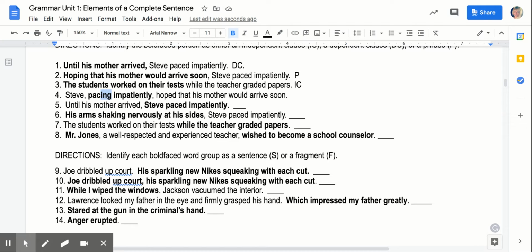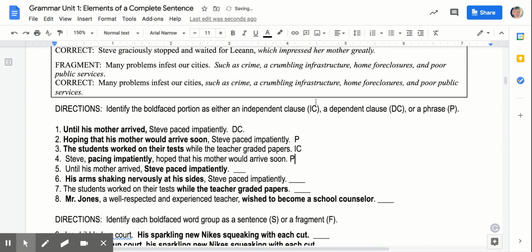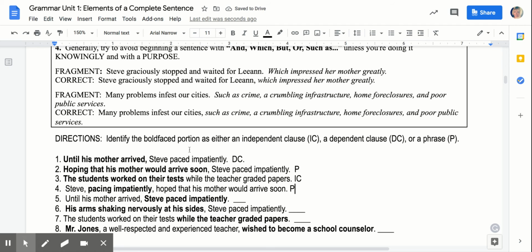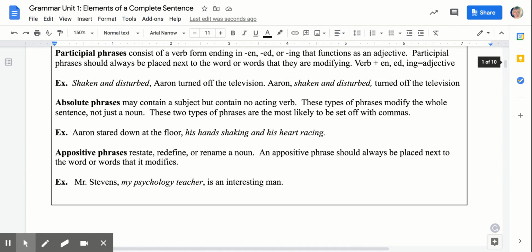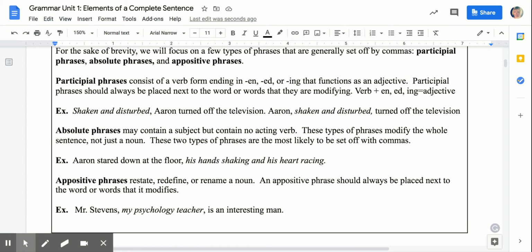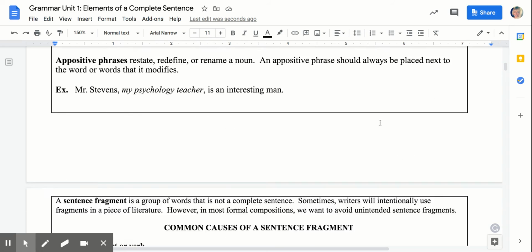This is definitely a phrase. So I'm going to put a P right next to it. But let's just ask ourselves, what kind of phrase do we have right there? Steve, pacing impatiently. I get extra information about a subject, and essentially what I have is a verb with an ing ending. I have a participial phrase.